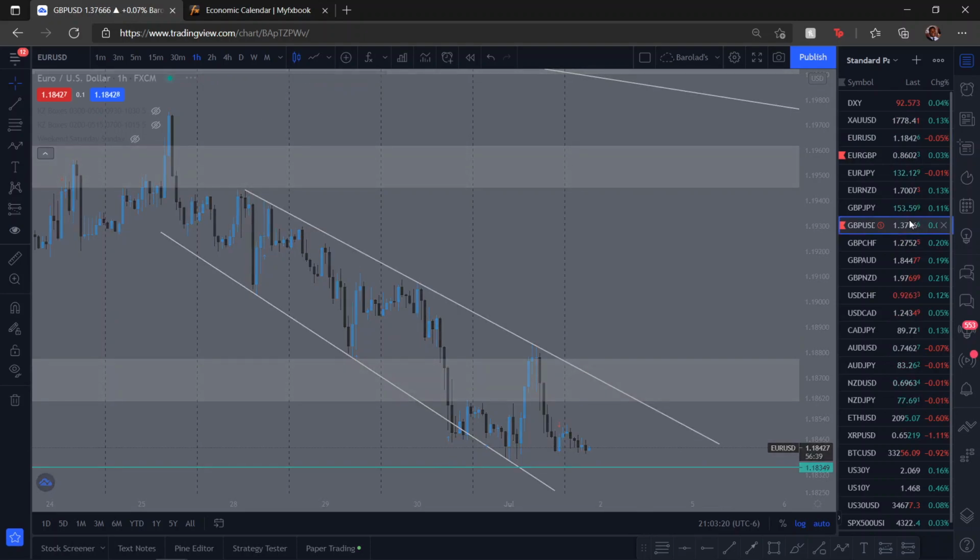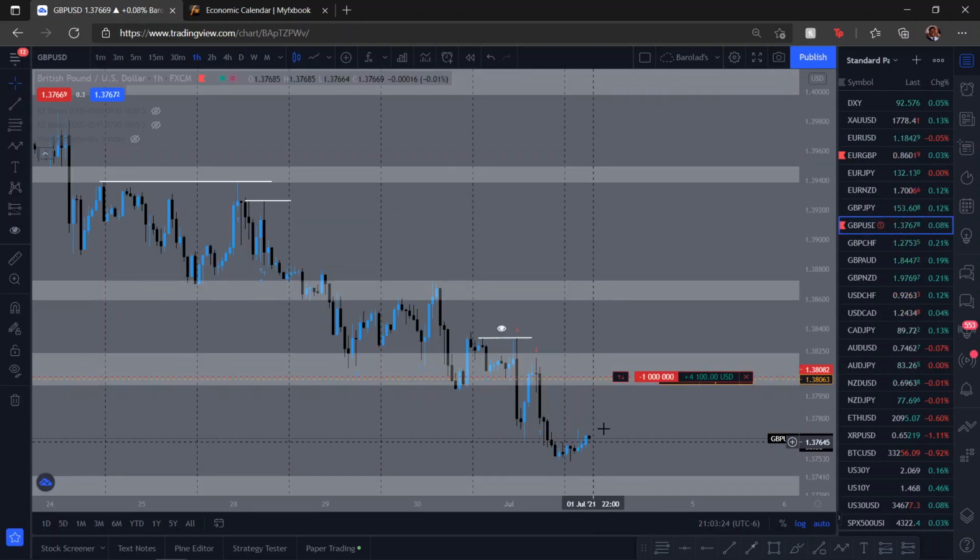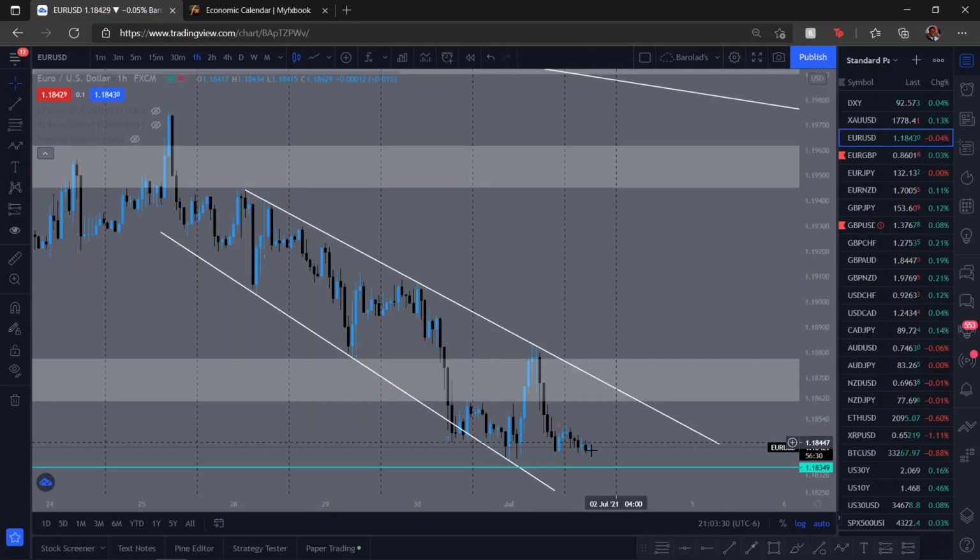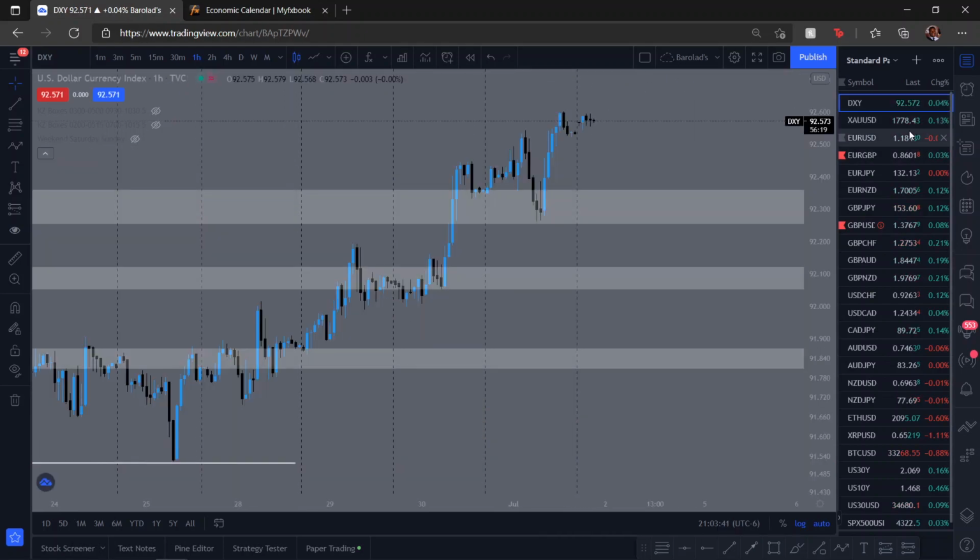So this is definitely something to watch out for. If we get a bullish euro dollar, we should get a bullish pound dollar. But I'm of the opinion that we might see a bigger move, a more explosive move on the euro dollar because of the smart money divergence I've just talked about.